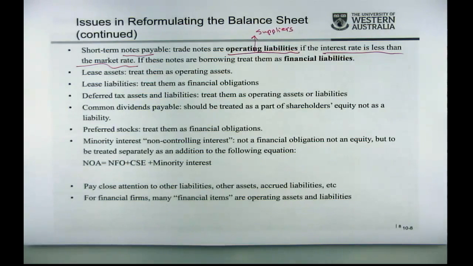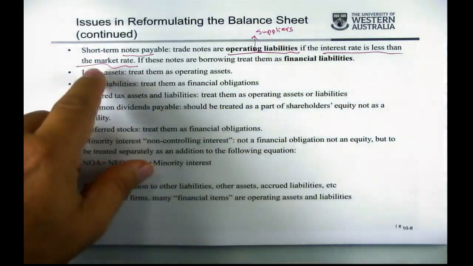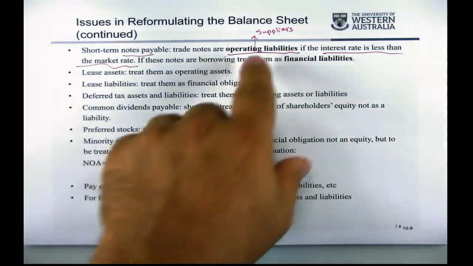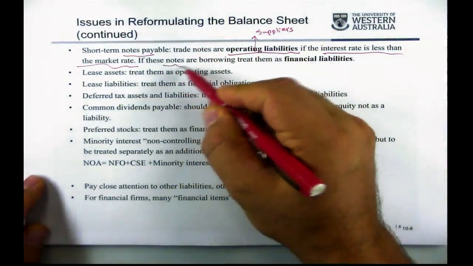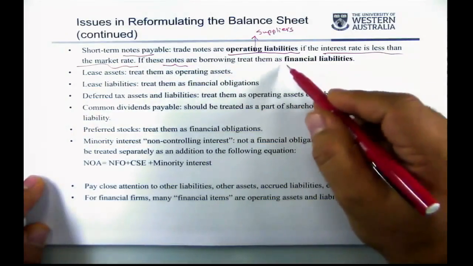Sometimes they ask an extended period of time to pay off the amount due. Suppliers sometimes say, okay, we will give you more than, for example, 1 month, but we charge you interest on that. If the interest is less than the market interest rate, then these notes are to be treated as operating liabilities. Okay?